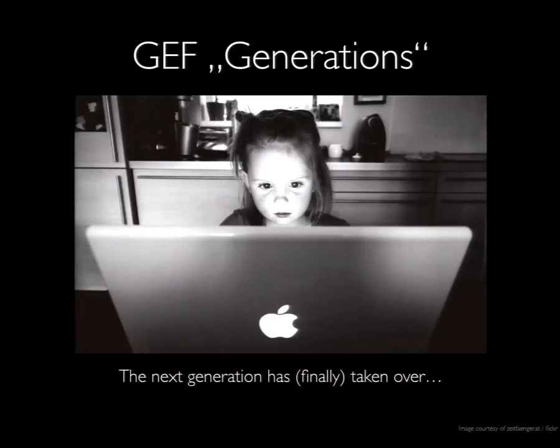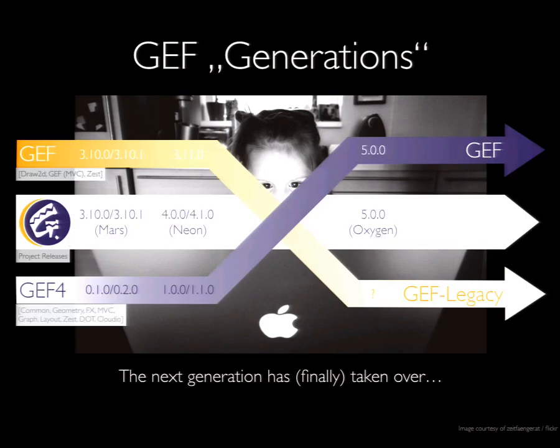So the next generation has finally, because we are working on GEF 4 already for a couple of years now, has finally taken over. And we want to emphasize that by also changing names now when going to Neon. So the GEF project was basically named according to the old components that we had. And the overall release versioning that we used for Mars and for earlier releases was basically motivated by the versions of the original product components.